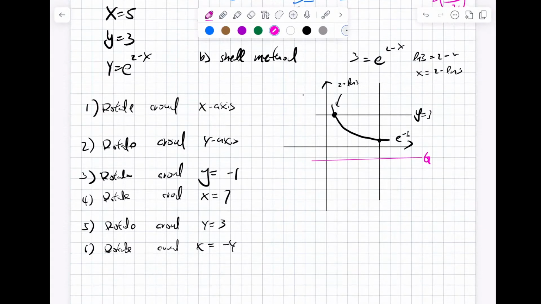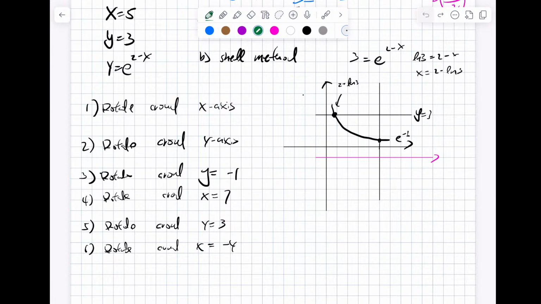Well, basically, let's say we start by washer. It's going from here. That's the outer bound. We know the outer bound is going to be 4. And the inner bound is going to be this.